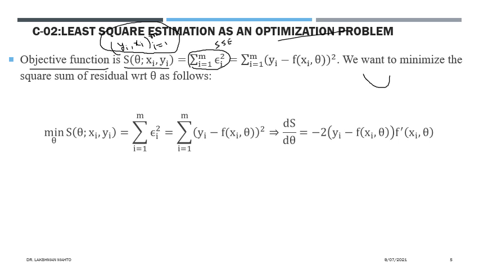A square function is a very nice smooth function, and you can talk about its differentiability. That's why we took a square function. So to minimize, we differentiate the sum of squared errors S with respect to theta. After differentiation we get this, and then we have to find a critical point.